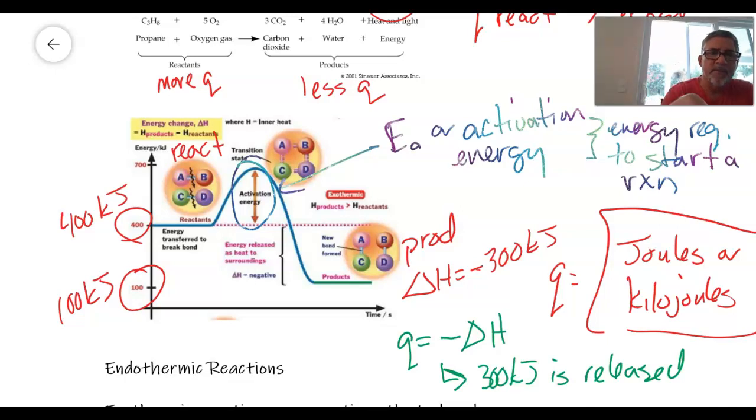And these right here on the top would be our transition state or intermediaries, right? So in most reactions, there is an activation energy, or energy I have to put in, but that's not included in our calculations from reactants to products, okay?